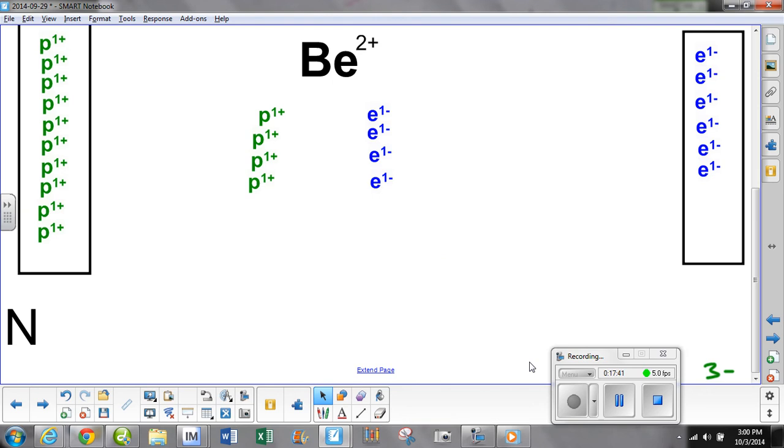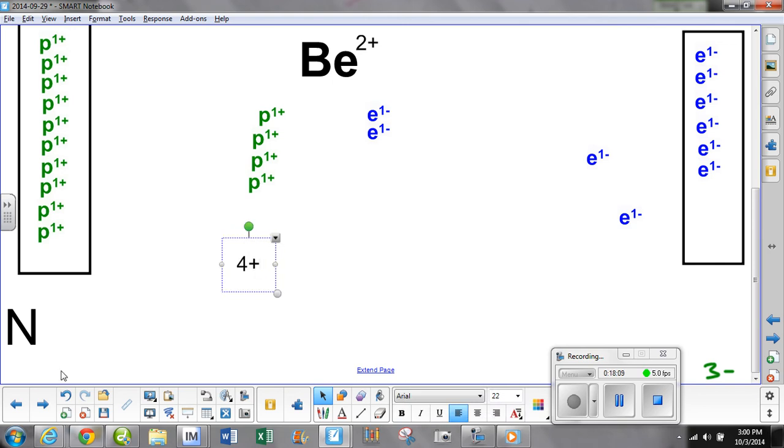So now what are we going to do to make him a 2 plus? You wanted to add 2 electrons? Ah, okay. So you're going to take 2 electrons away. A visual really helps, doesn't it? Okay, and now what do we have for our total plus? Total pluses? Protons, yes. Good. And what do we have for our total minuses now? 2 minus, indeed.